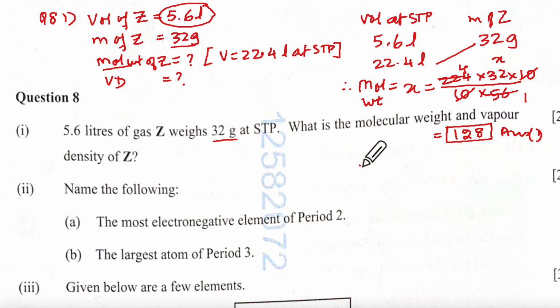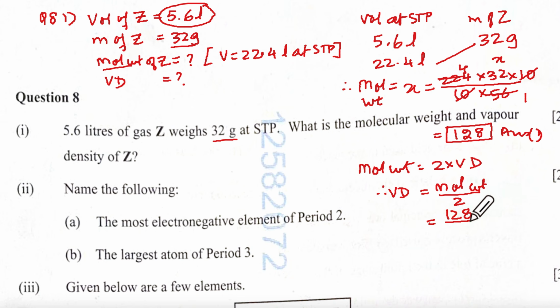Vapor density: molecular weight is equal to 2 into vapor density. Therefore, vapor density is equal to molecular weight upon 2, which is 128 upon 2, which is 64. And that is your answer 1 also.